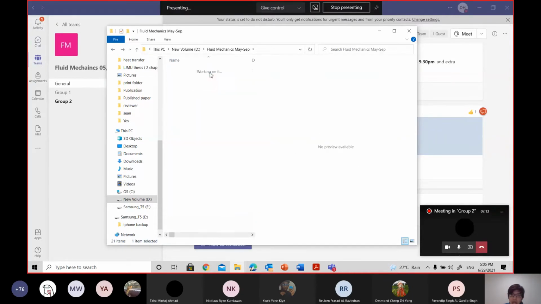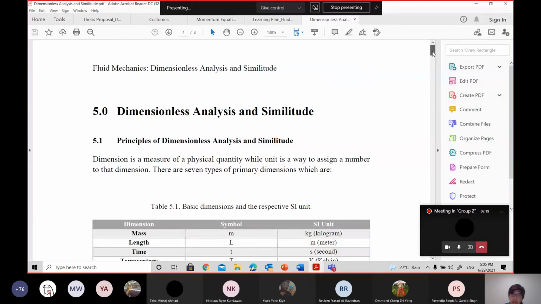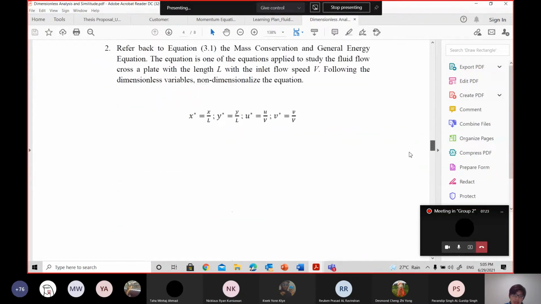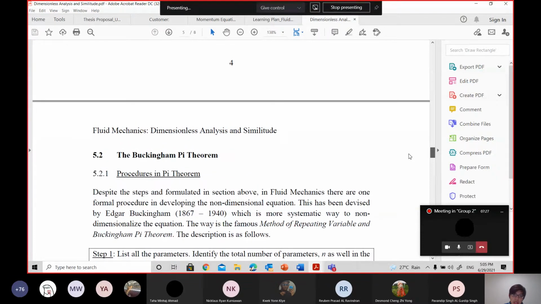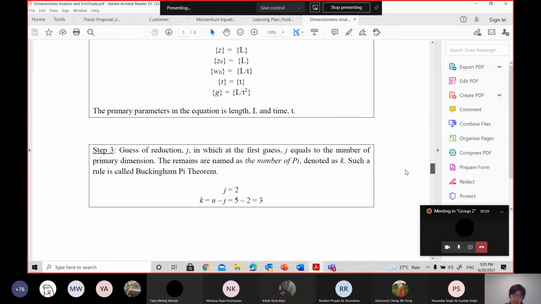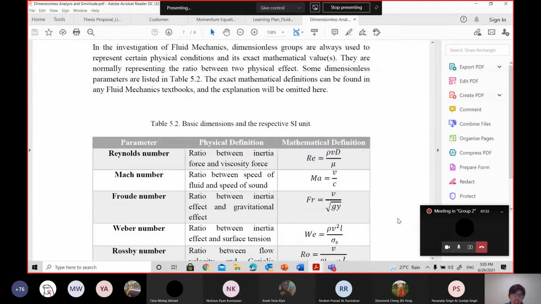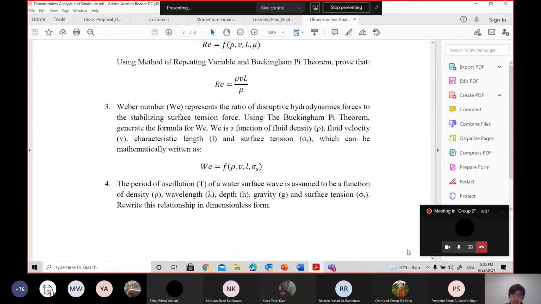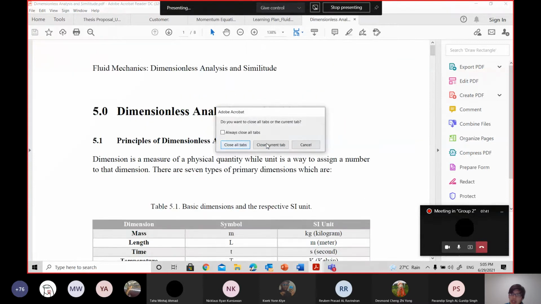So I'm going to share only the notes, because by using these notes, it should be good enough to tell you what you need. Next chapter will be the Buckingham Pi theorem, how you are going to look for the dimensionless equations. And I'm going to teach you these methods step by step. I would say that this is not a difficult chapter. Not a difficult chapter.